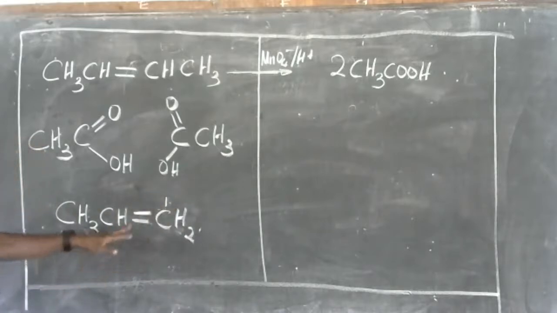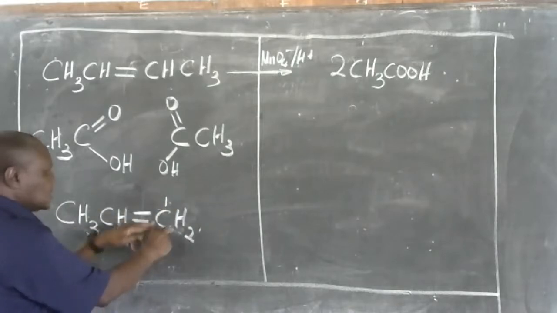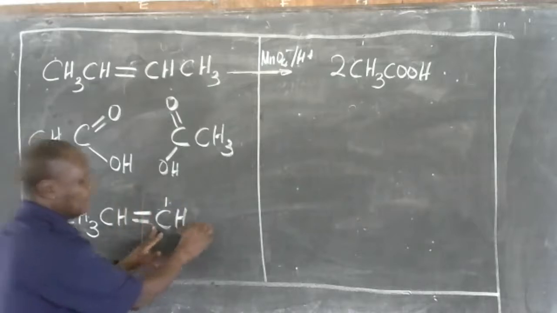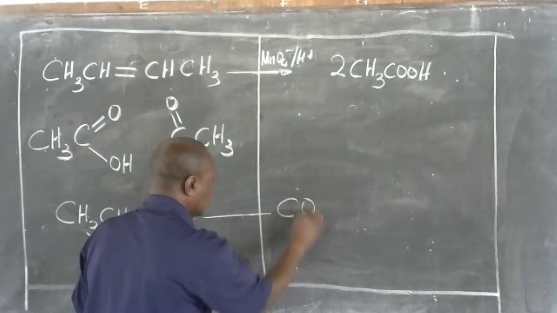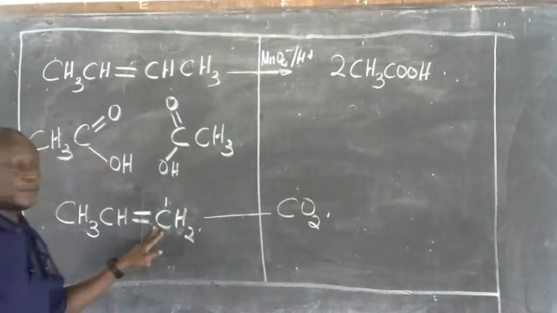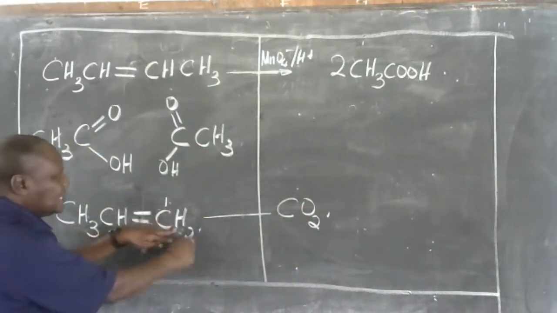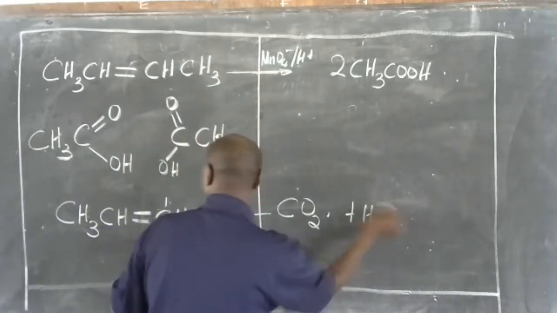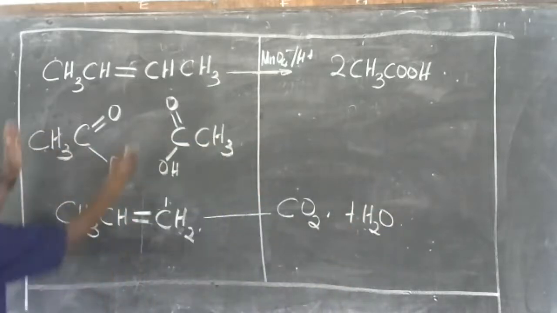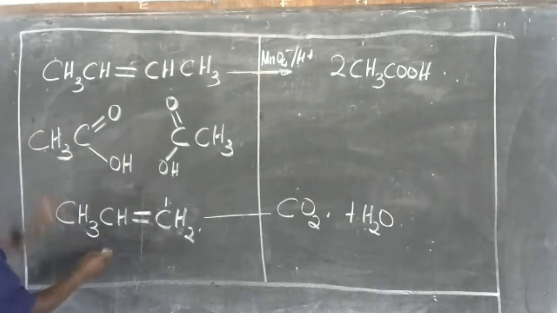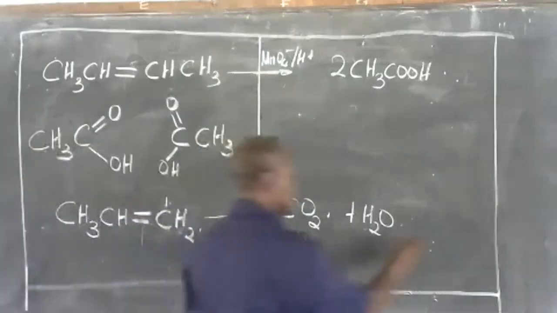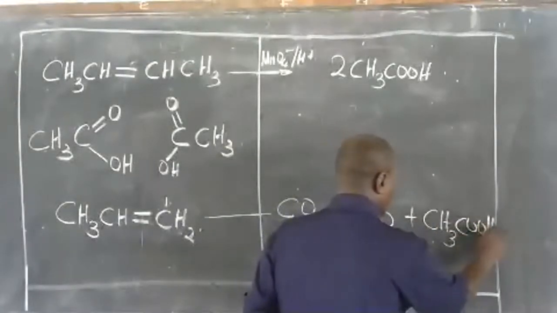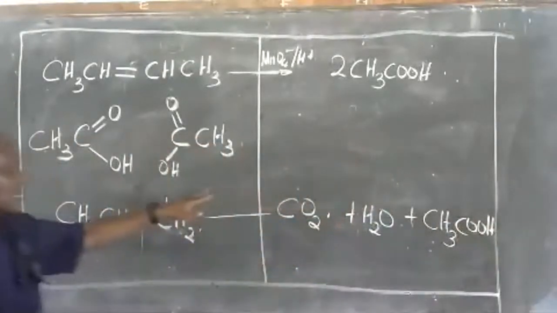In this case, the terminal carbon gives us carbon dioxide, then these two hydrogens give us H2O. Then this one here will break just like the other, giving us CH3COOH. That was our discussion the other time.